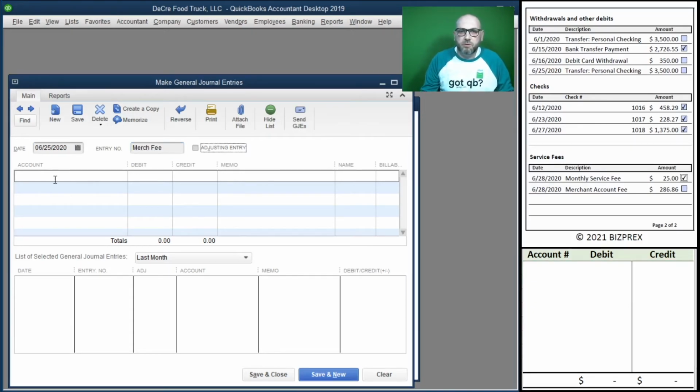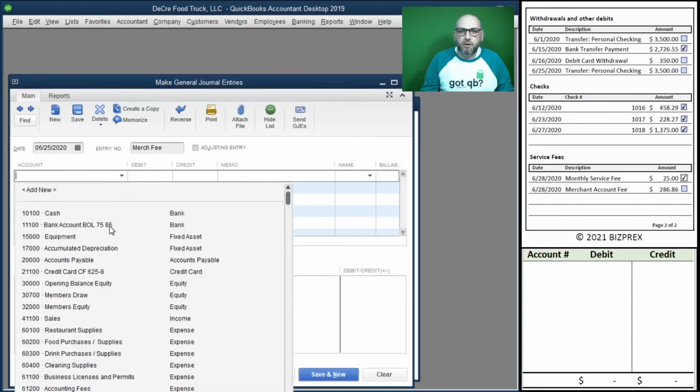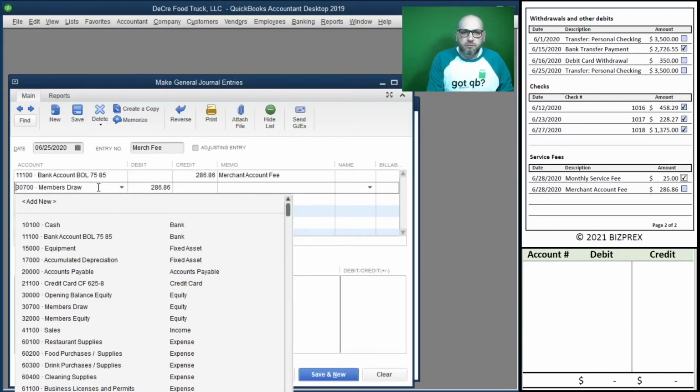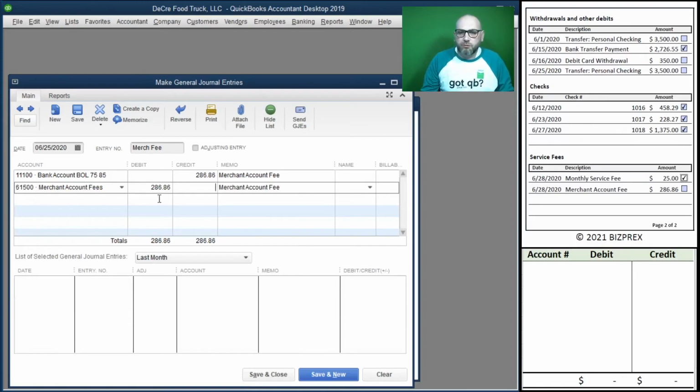So what's happening here? Again, our bank account is reduced, because the bank charges us for processing those credit card payments from our customers. It's pretty straightforward, but I'm just going to stay consistent and show it here.